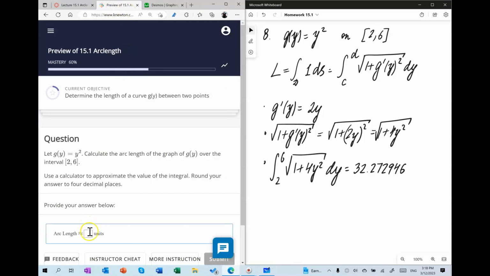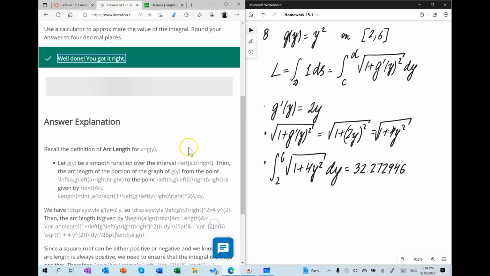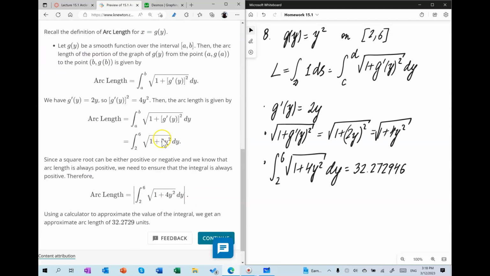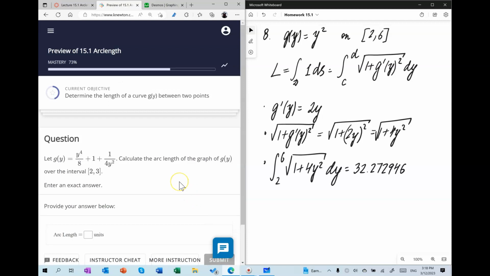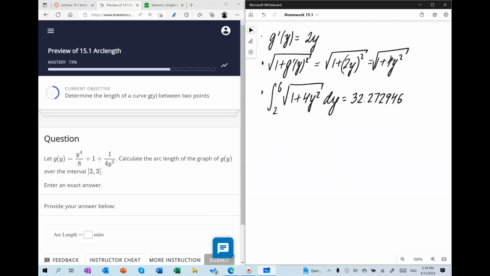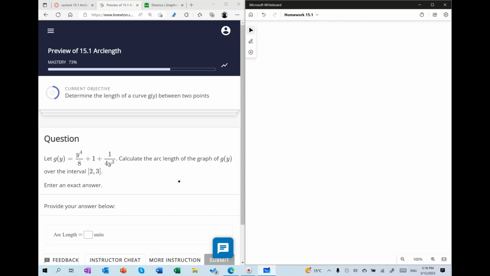And we have to round to 4 decimal places, so we get 32.2729. Oh, we got it. Not sure what's going on here with the absolute value. Here, everything is positive, so there is no confusion whether it could be negative or not. So I don't think absolute value is necessary there.